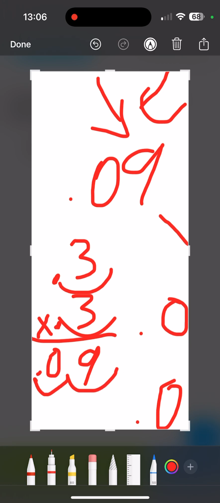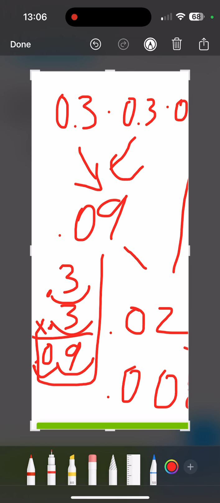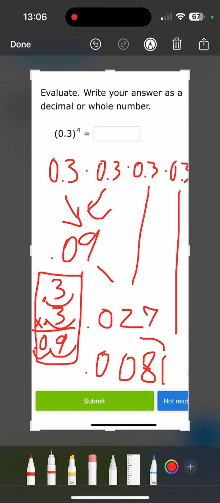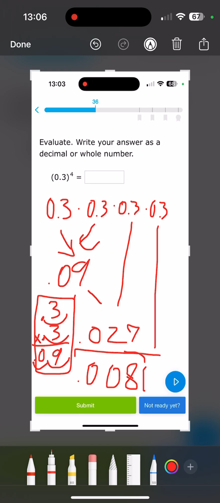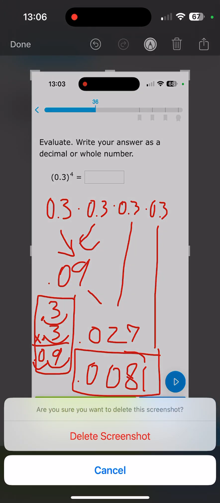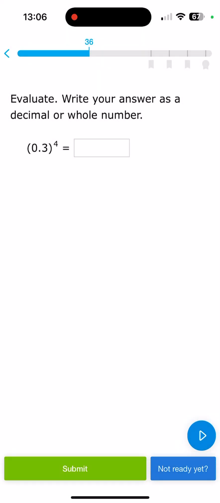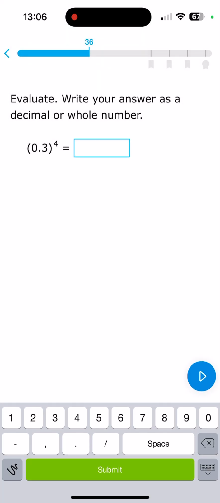And you could do that individually for all the multiplication if you needed to do it without a calculator. All right? But yeah, you end up here with 0.0081 as the answer, as a whole decimal or whole number, 0.0081, right?